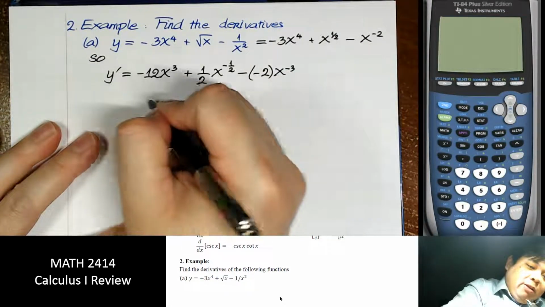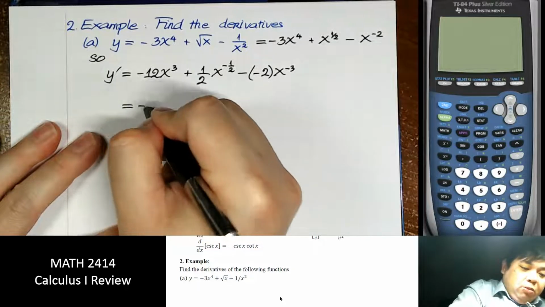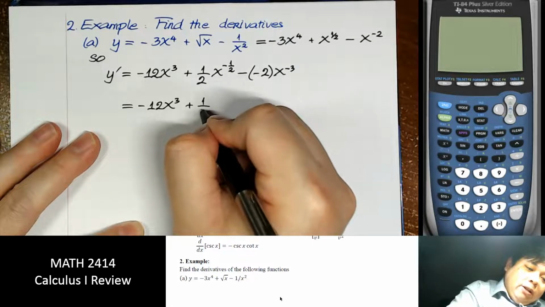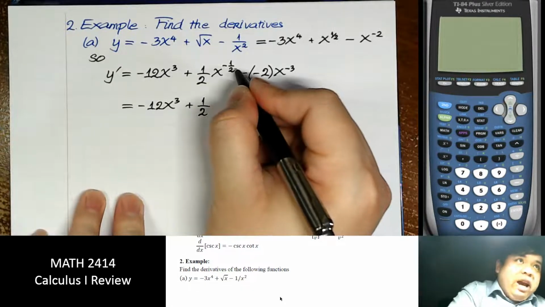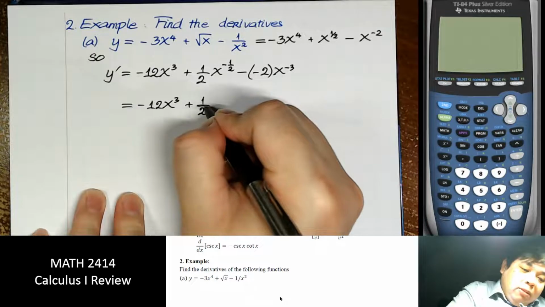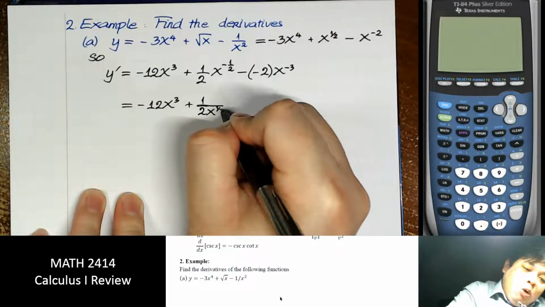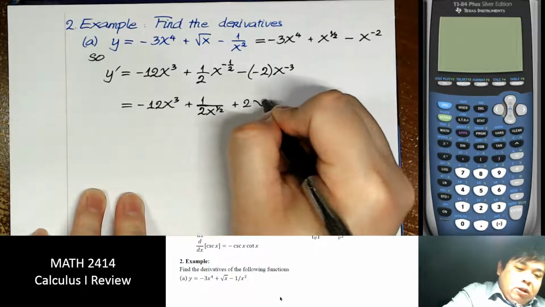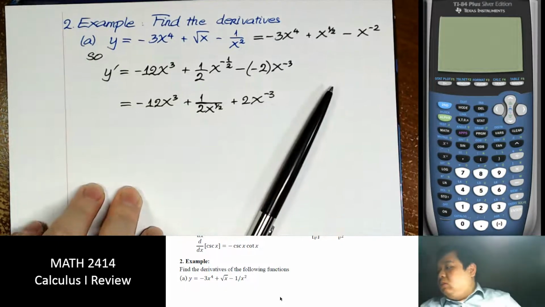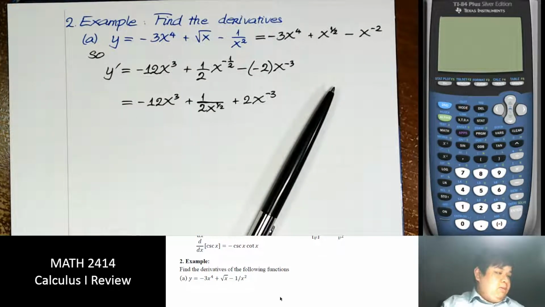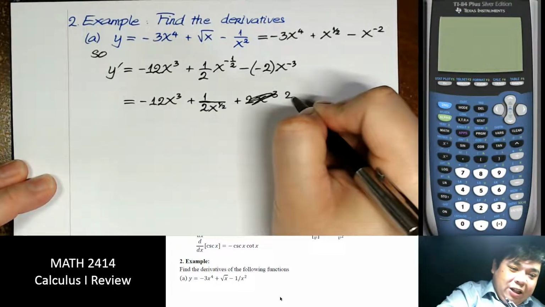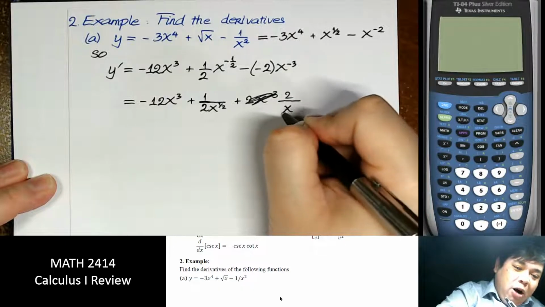So we will have pretty much that: -12x cubed plus 1/2 x to the -1/2. If we want, x to the -1/2 moves to the bottom and becomes positive 1/2, and minus -2 is plus 2, x to the -3. We can do the same thing for the -3 and move that to the bottom.